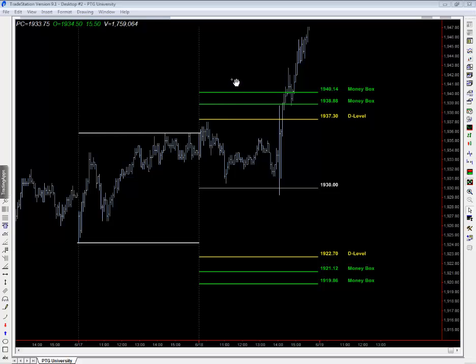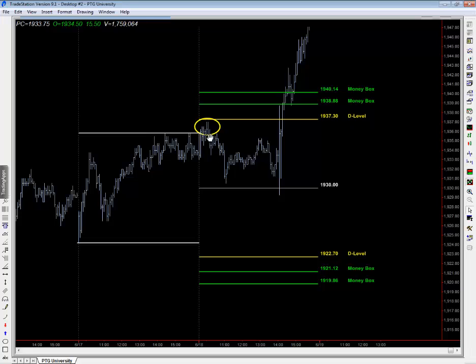Many times prices will extend, not so much expand, but extend beyond the prior day's range. A good case in point is right here, today's session. Yesterday's high, prices extended slightly above the prior day's range.